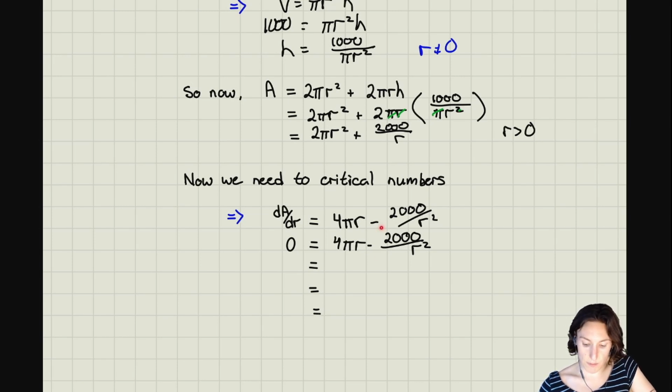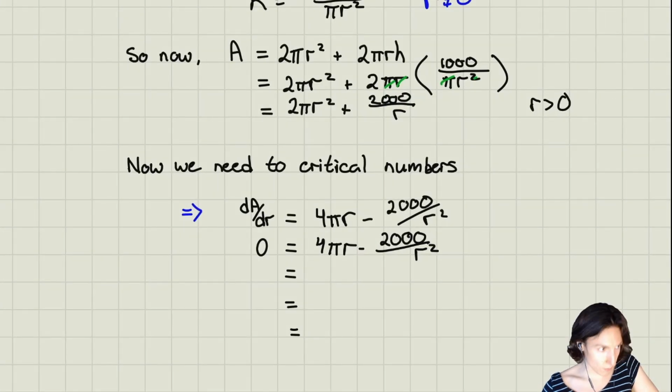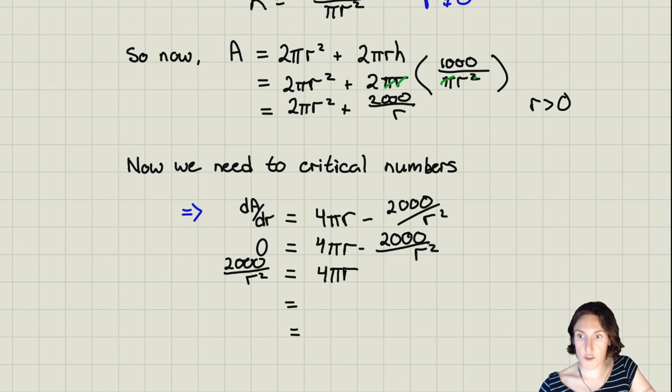And now I need to solve for r. So I'm going to bring this over to the other side. Let me zoom in a little bit here. So I'm going to say 2,000 divided by r squared is equal to 4 pi r. I'm going to cross multiply, and I'm also going to get rid of a factor of 4. So 2,000 divided by 4 is 500, and then the 4 is gone, and I have pi r cubed.